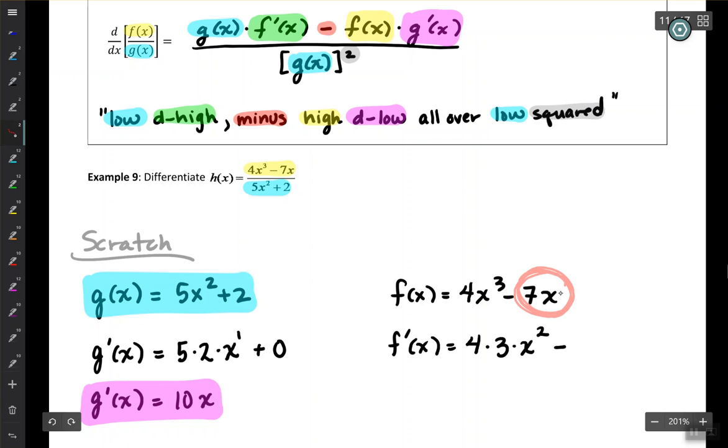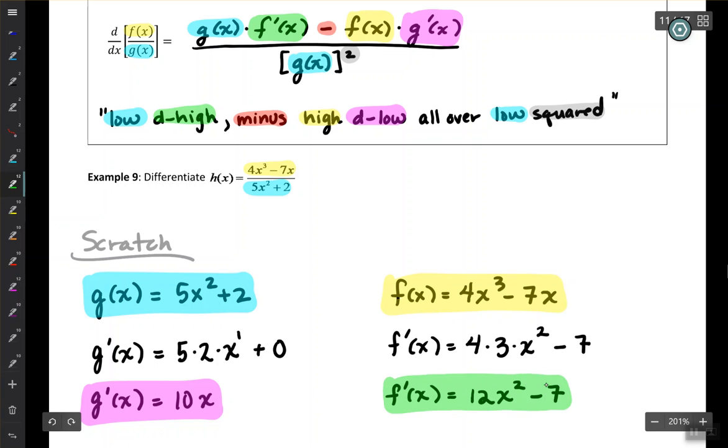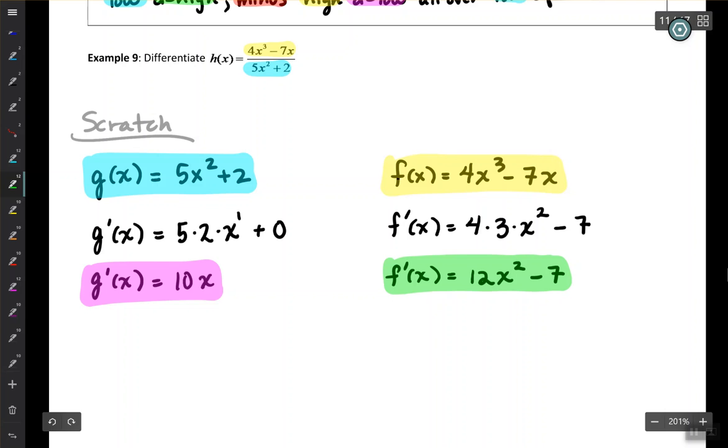The slope of the line y equals 7x is just 7. And there we have it: 4 times 3 is 12, times x squared, minus 7. So now I have my high and my d high. Now it's time to stitch this all together and clean up a little bit of the algebra, and we are done.